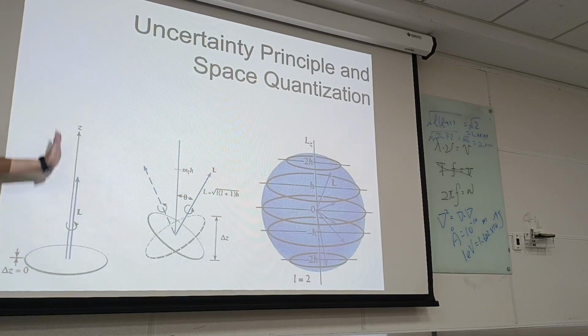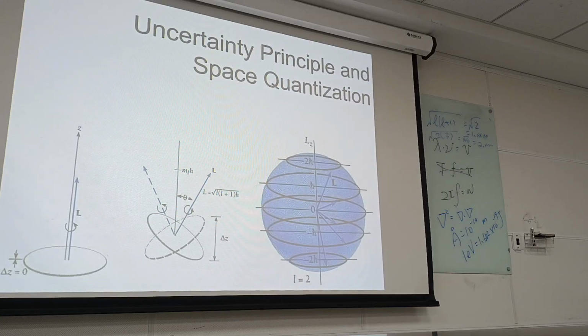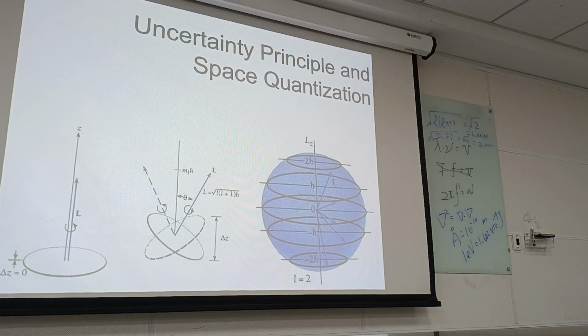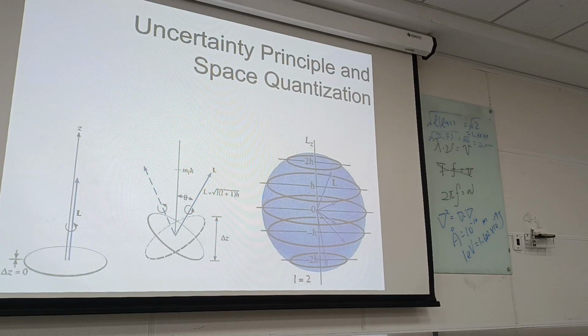If delta Lz equals 0 and delta z also equals 0, then what happened?